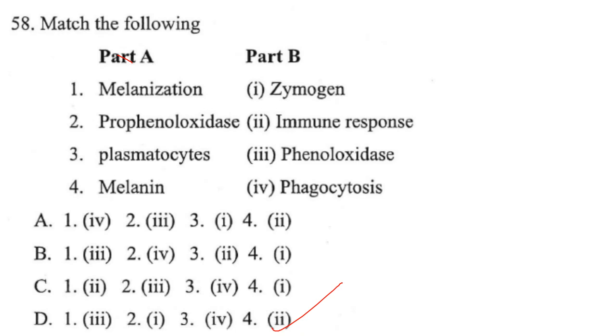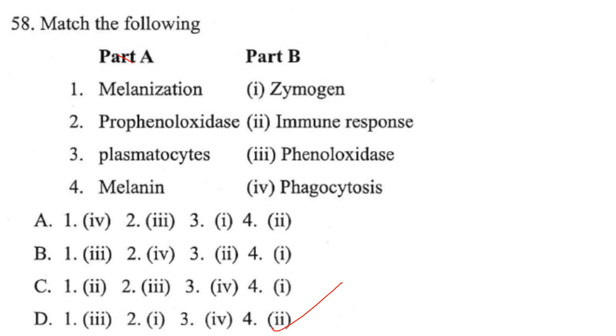Then next one. We have to match the following. Melanization: phenol oxidase. Prophenol oxidase is zymogen. Plasmatocyte: phagocytosis, melanin immune response.